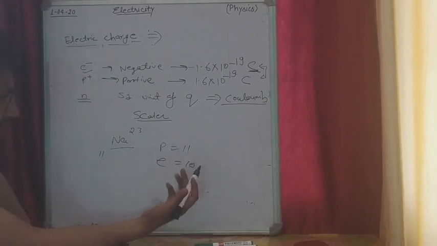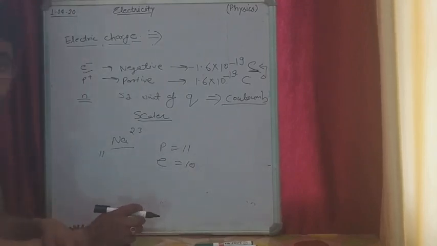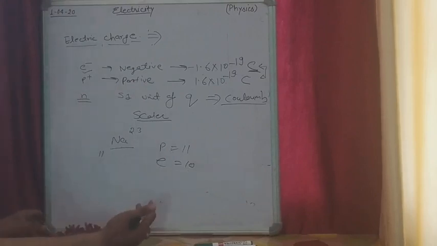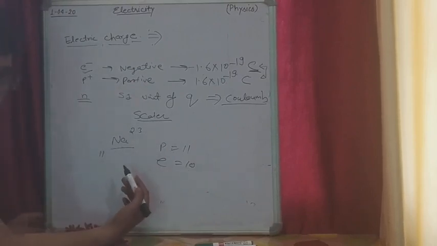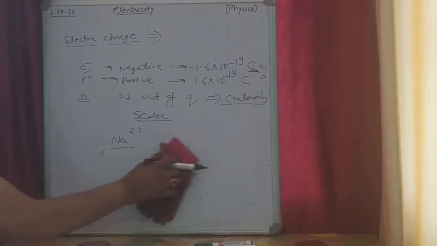Like this way we create charge in any body, and generally we do this by rubbing. If we rub a scale, then one electron transfers from the scale to our hand. Now it acquires a positive charge. This is the basic thing behind this.